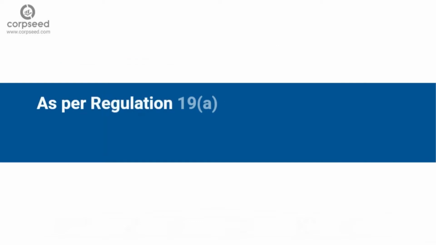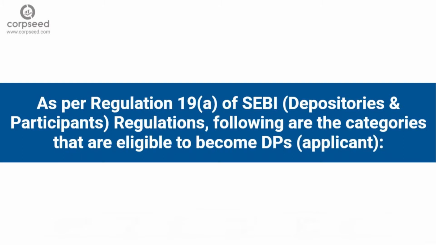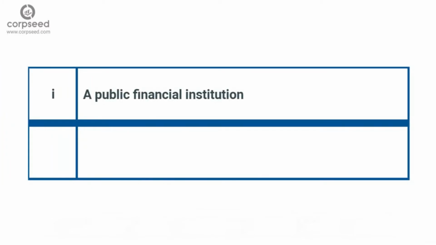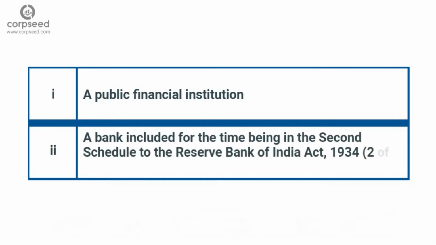As per Regulation 19A of SEBI, Depositories and Participants Regulations, following are the categories that are eligible to become DP applicant. A public financial institution. A bank included for the time being in the second schedule to the Reserve Bank of India Act 1934, 2 of 1934.